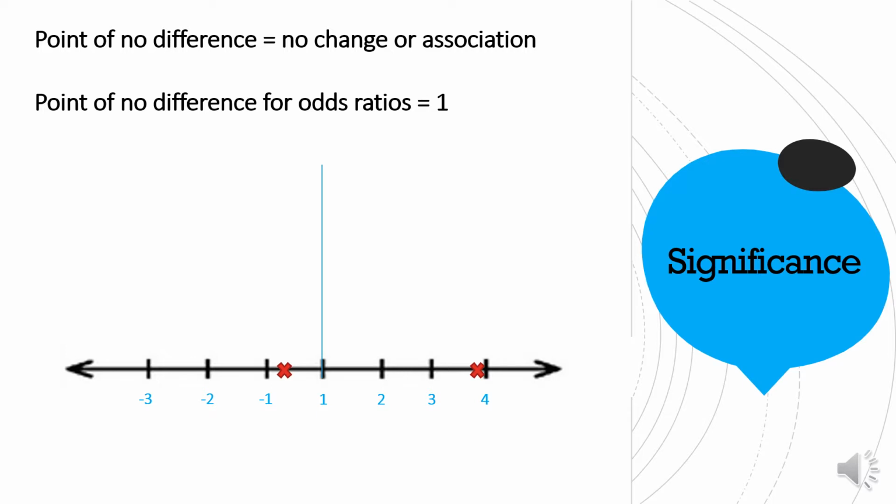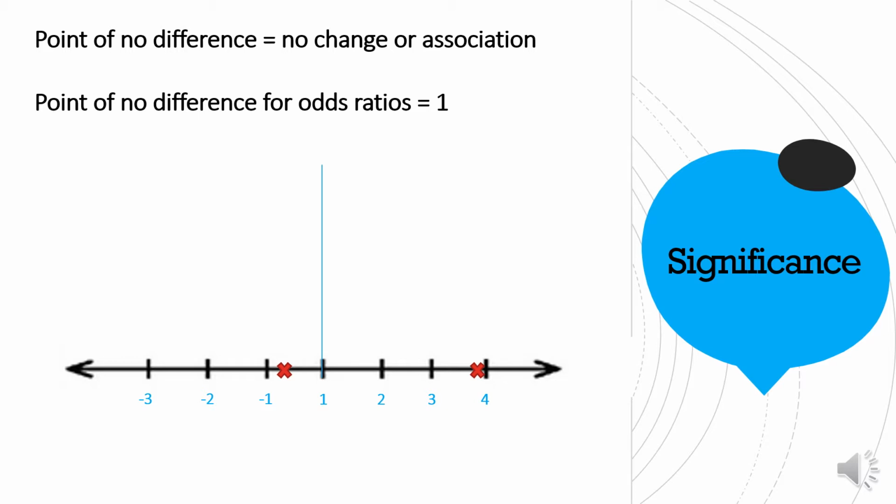A result higher than 1 shows a positive association, and therefore is significant. As with our kombucha gut health example, an odds ratio of 3.95 indicates increased odds that a person who drinks kombucha will experience improved gut health. But what if our odds ratio is less than 1, for example 0.7?